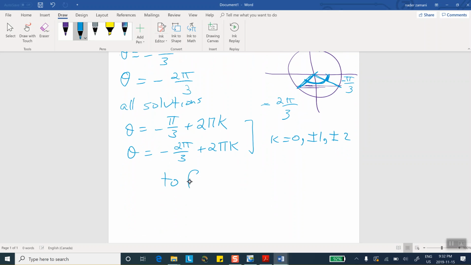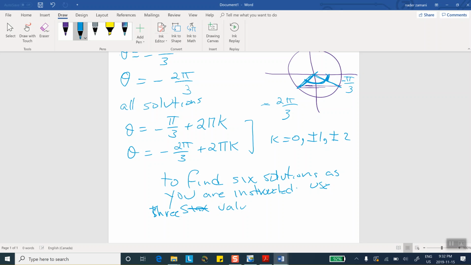To find 6 solutions, as you are instructed, use 6 values, or 3 values of k. For example, k equal to 0, k equal to plus or minus 1. Yeah, that'll do it.